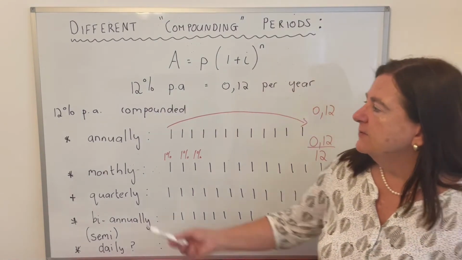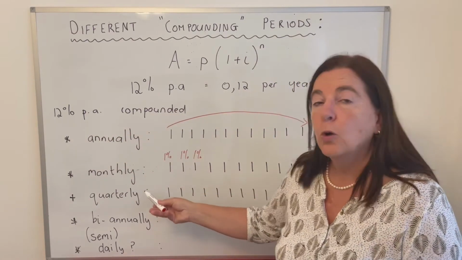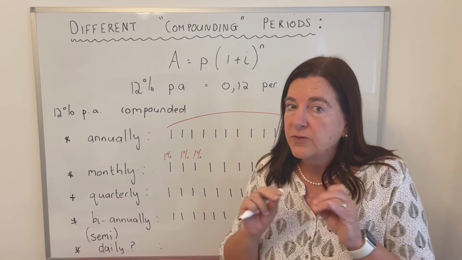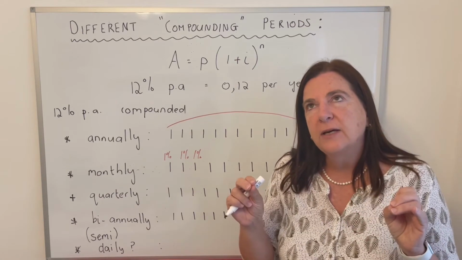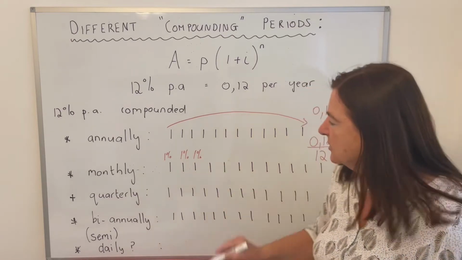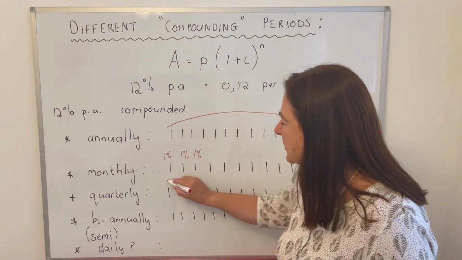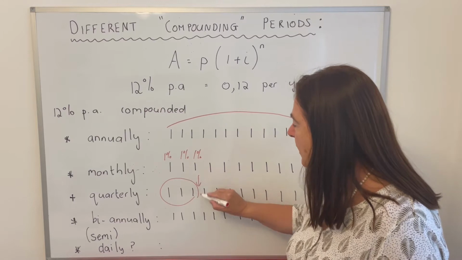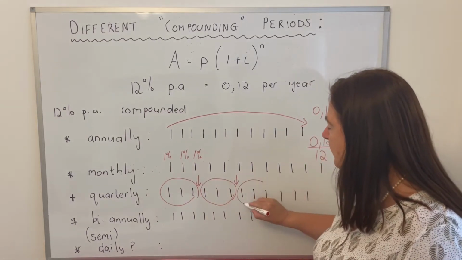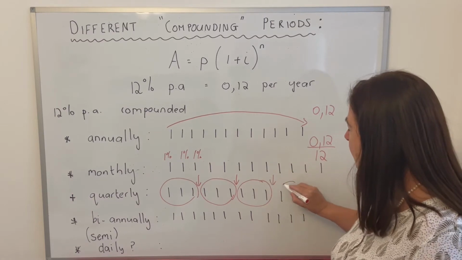What happens if it's 12% per annum compounded quarterly? In other words, I'm charging interest every quarter of the year. Every quarter is 12 months divided by 4, which is every 3 months. After 3 months I charge interest, after another 3 months, after another 3 months, and another 3 months.